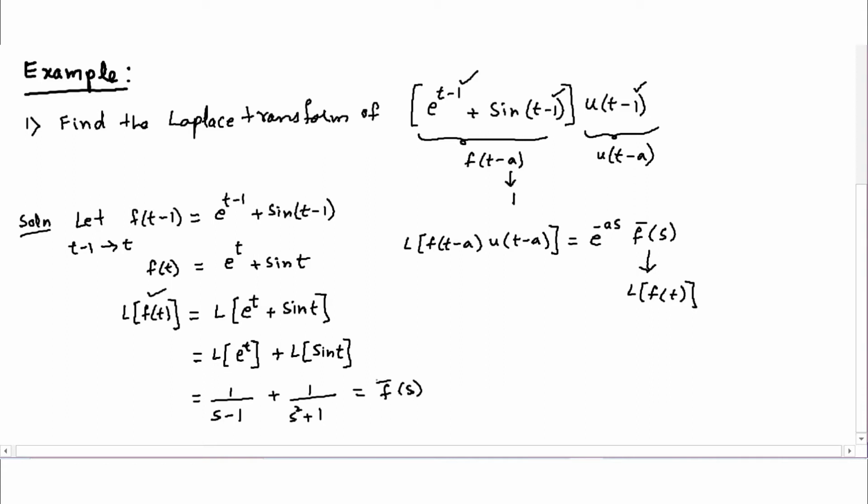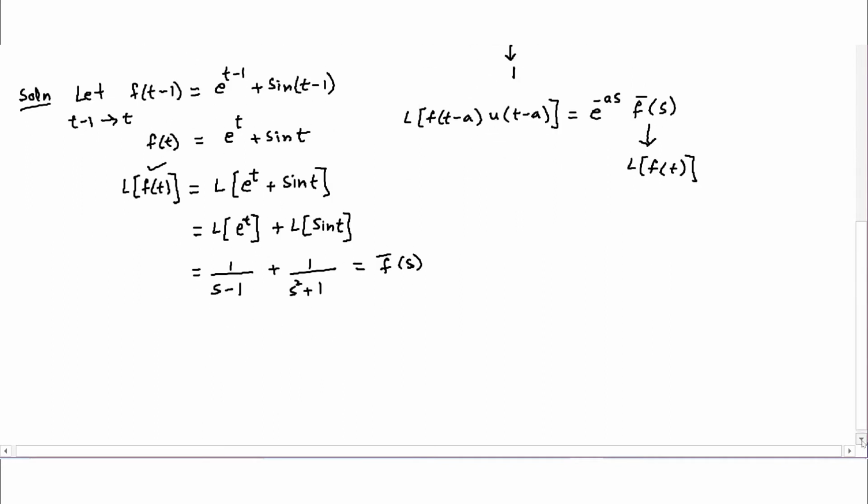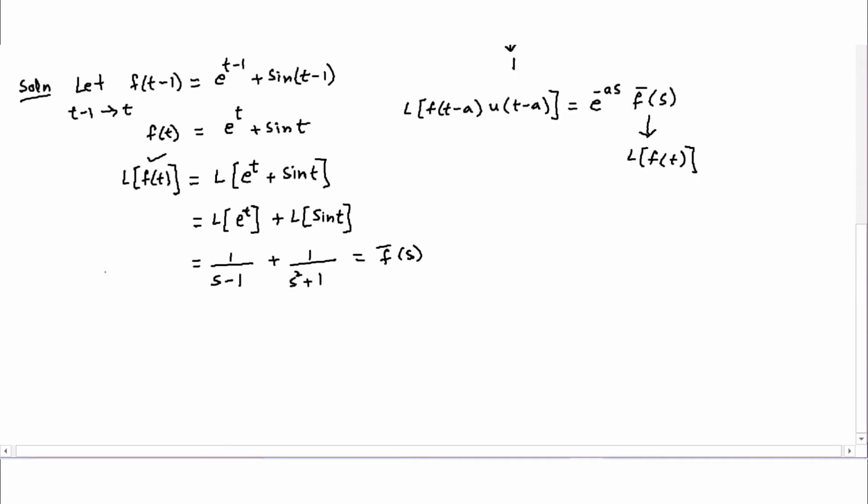Alright. So now we have got the property of unit step function. We'll try to use that property over here. So we know from unit step function the property L of f of t minus a, so a value in this case is 1, so t minus 1 into u of t minus 1 is equal to e power of minus a s into f bar of s, I'm just using this property over here. a value in this case is 1.